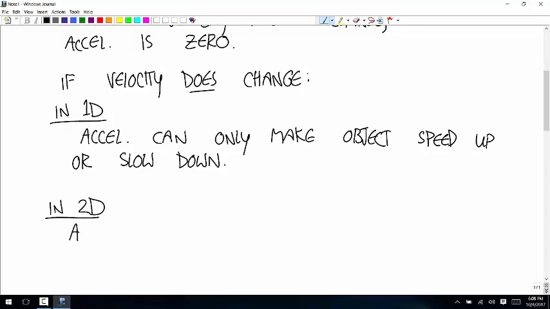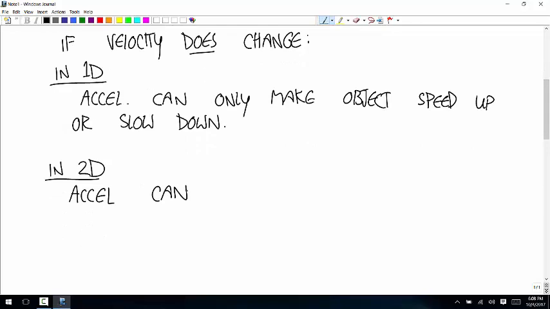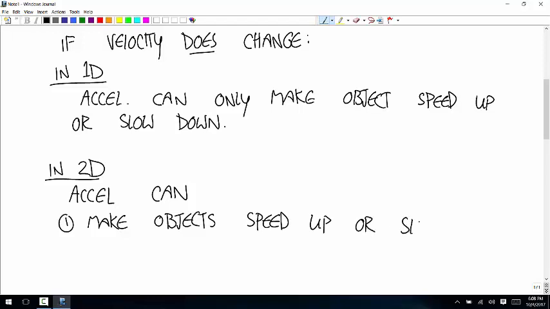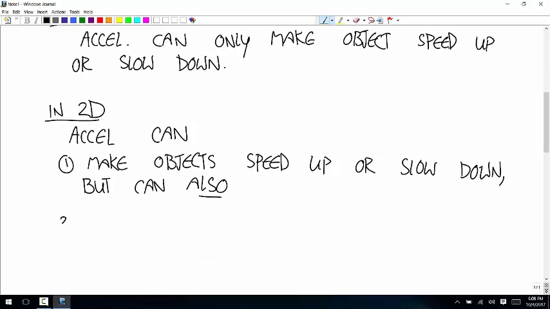So in 2D, acceleration can, first of all, make objects speed up and slow down. But it can also make objects turn.